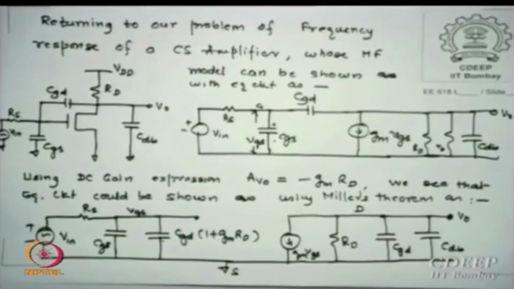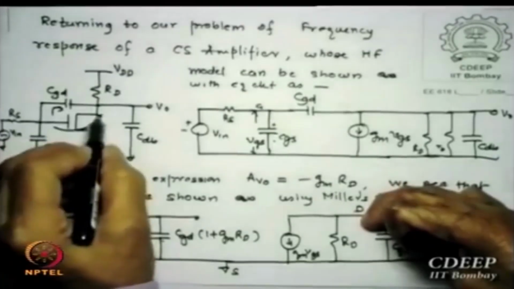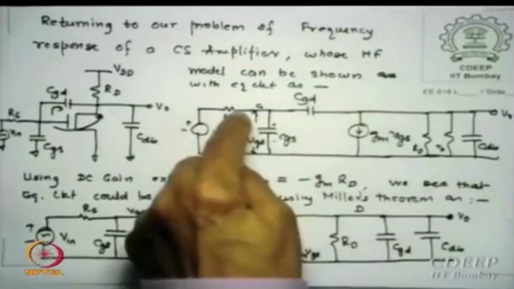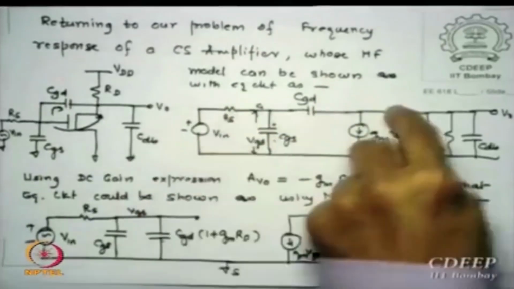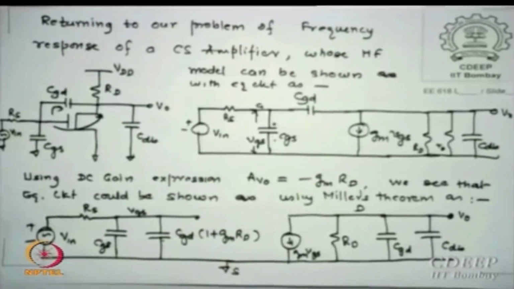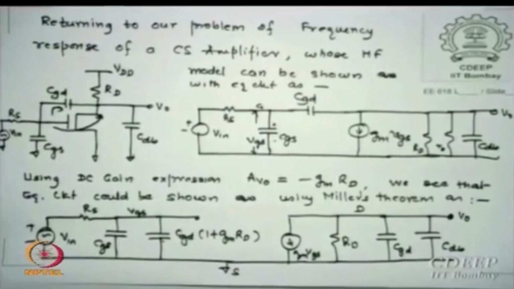So the output, yes, equivalent, I just removed that. This CGD has two paths, one through GM VGS, one directly through CGD. GM VGS is appearing from the input, isn't it? That is the path. So if I now use Miller's theorem, I land in this equivalent circuit, and I have already said that if I am not very fussy about exact values, the input pole and output pole can be directly seen at the input side and the output side, by finding the time constants.